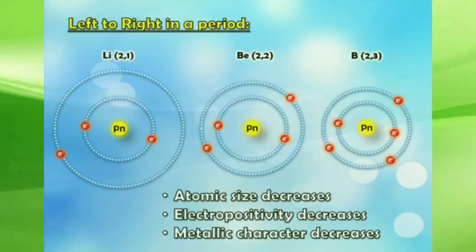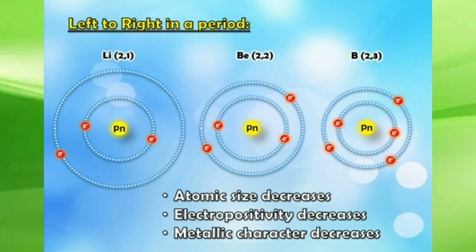Children, now if we observe the periodic table left to right in a period, what we can say is that atomic size decreases. Look here, observe the elements over here. Lithium, electronic configuration is 2, 1. So its outermost shell has 1 electron.